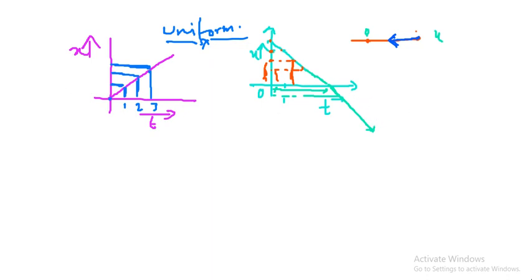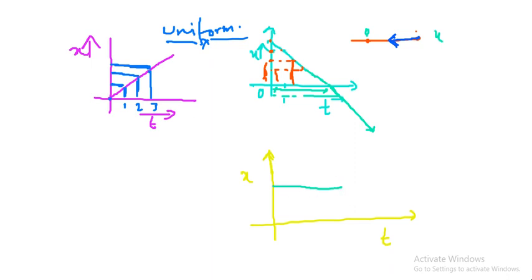And then we have another graph like this. This is the x coordinate, and this is the time coordinate, and the graph is like this.